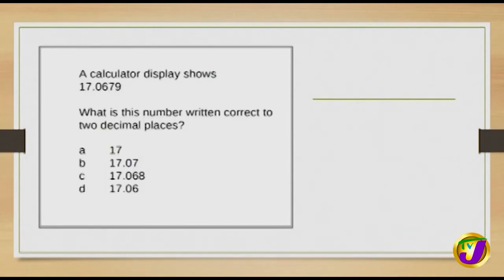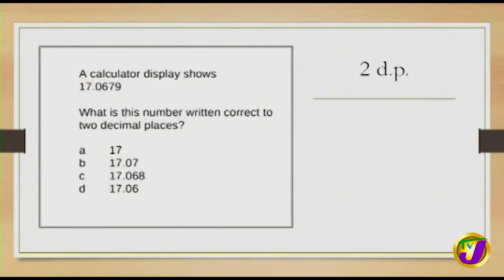All right, so we're at another question. A calculator display shows 17.0679. What is this number written to 2 decimal places? Same concept, you want to identify the digit in the 100th place. So let's go through it. So we know it's 2 decimal places. And what digit is in the 100th place? We identify that it is 6. Excellent.